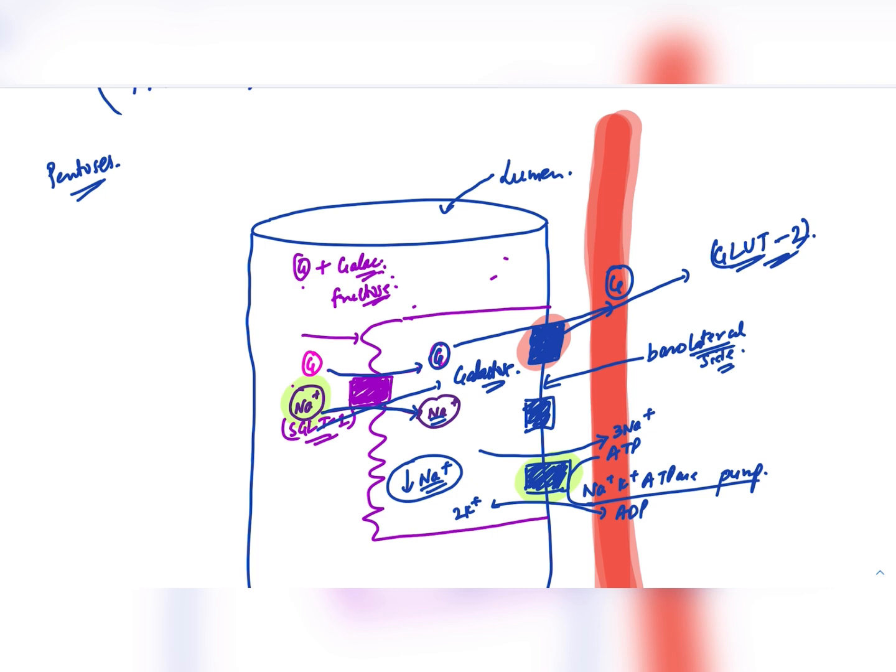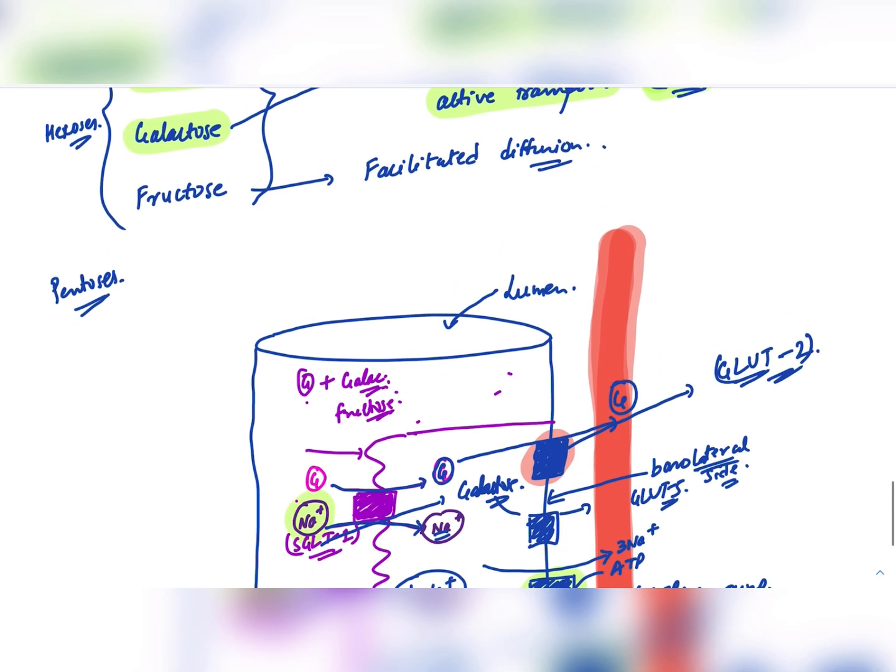Mostly it uses GLUT2, but galactose can also be transported by GLUT5. So glucose and galactose are absorbed by these mechanisms.